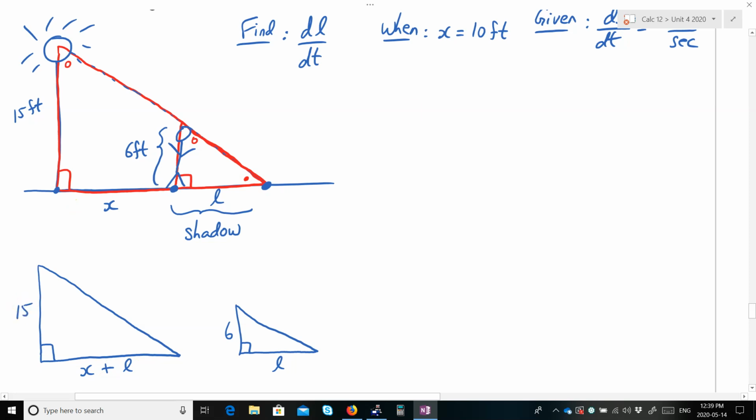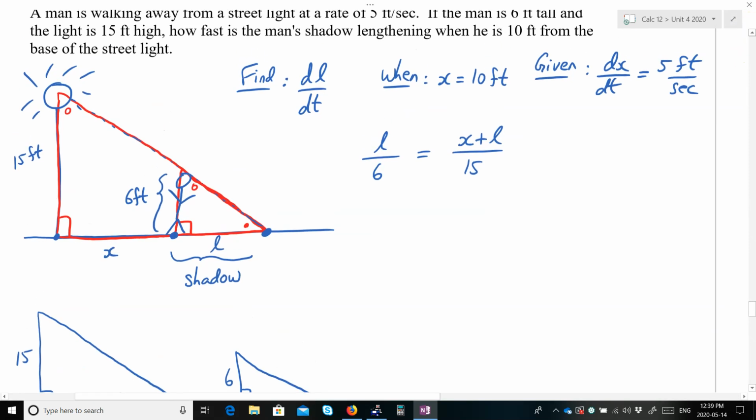So the equation is this: L divided by 6 is equal to x plus L divided by 15.